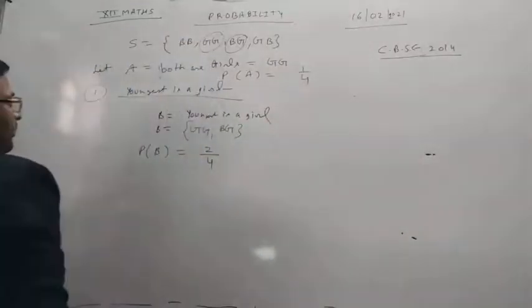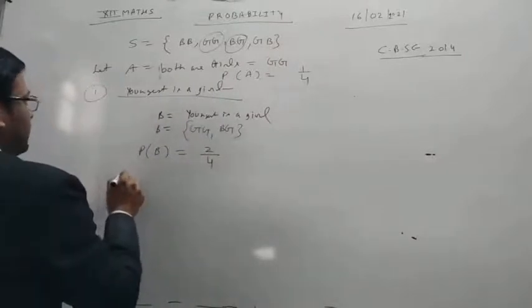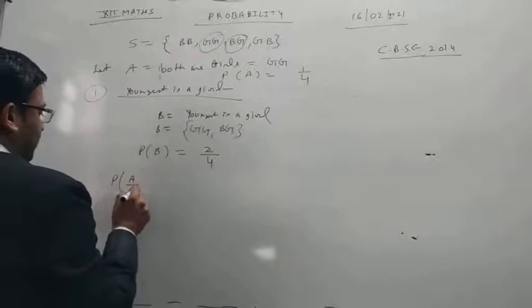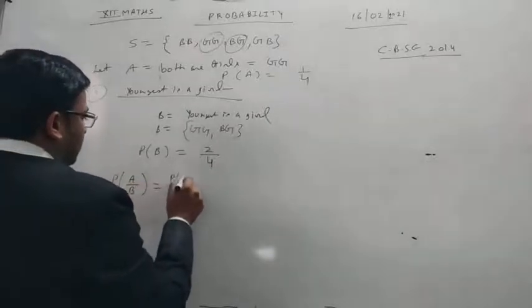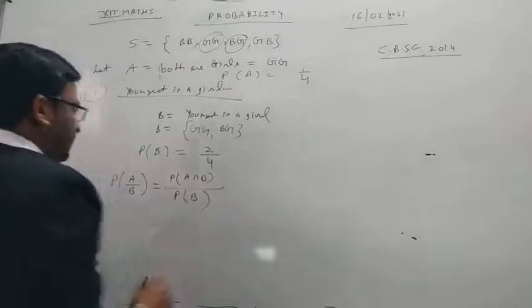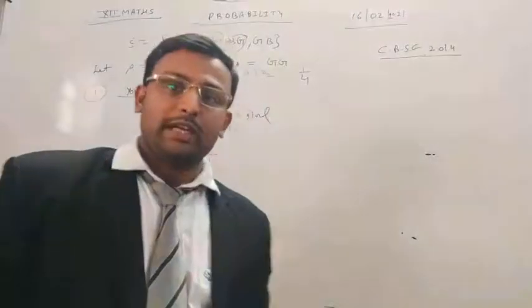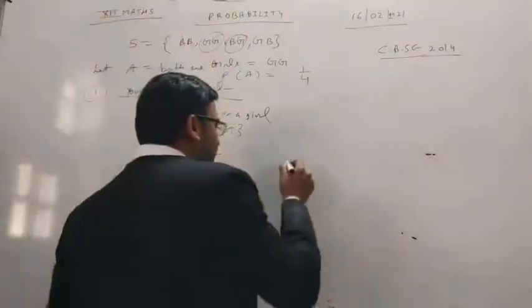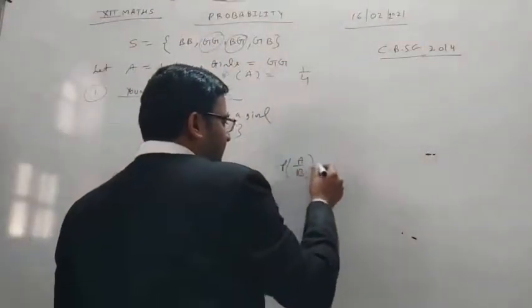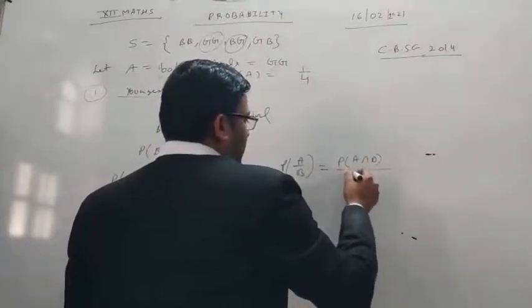Okay students, now we have to find the probability of A given B. So this is the probability of A intersection B by the probability of B, because students, you know the conditional probability is defined like this.